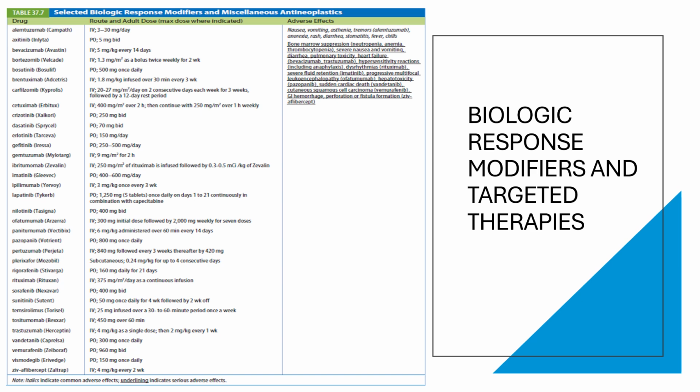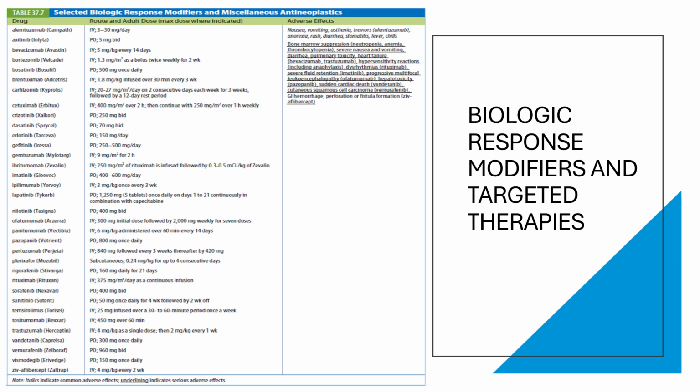Pharmacotherapy with biologic response modifiers and targeted therapies. Biologic response modifiers enhance the ability of body defenses to remove tumor cells.